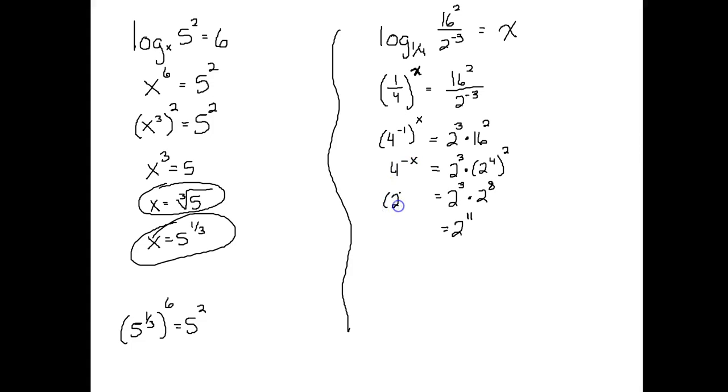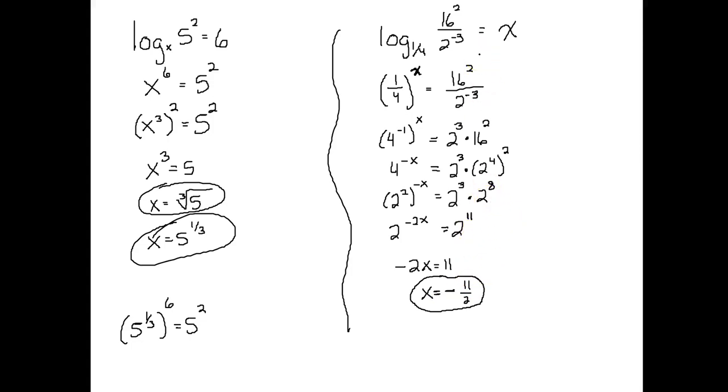But 4 can be written as 2 squared, so I end up with 2 to the negative 2x. Excellent! Now the two bases are the same, so negative 2x equals 11, so x equals negative 11 halves. Awesome!